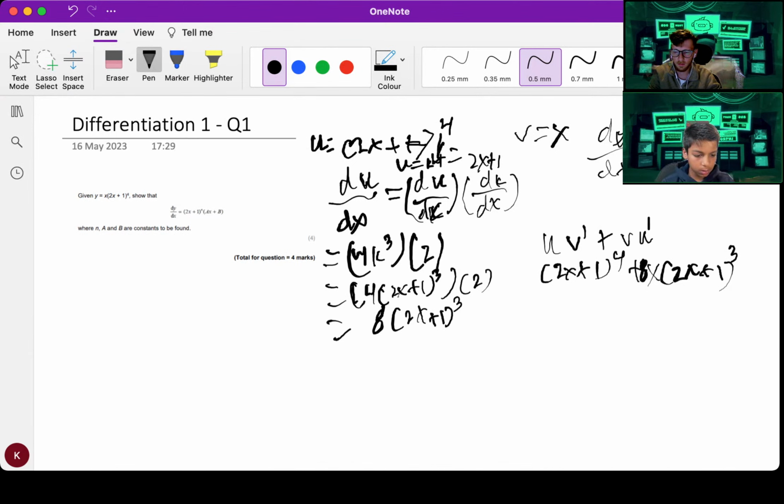So we want it in the form (2x plus 1) to the power of n times (ax plus b).